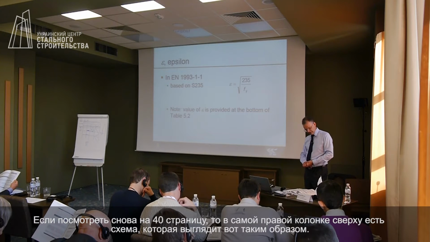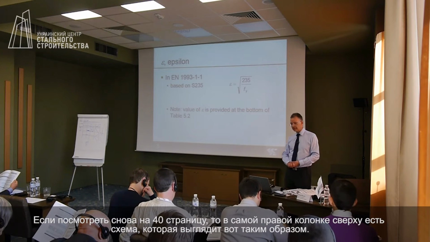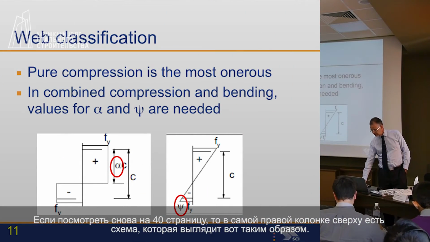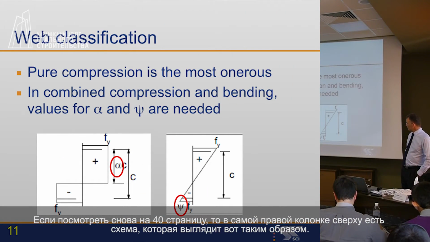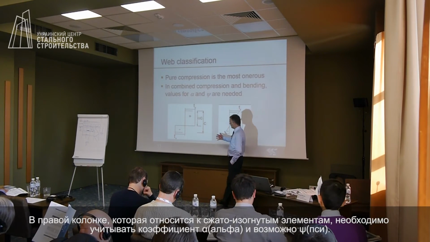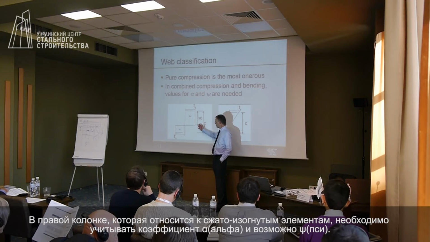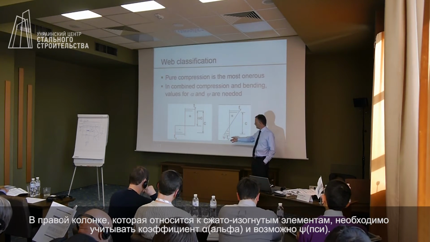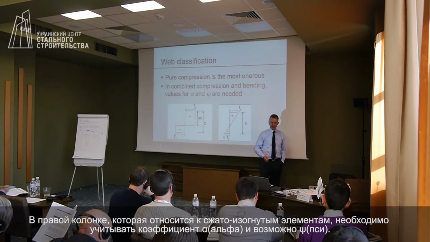If you look back at page 40, on the right-hand column, you will see the diagrams that look like this. So in the right-hand column, a part subject to bending and compression, we would need to consider alpha, perhaps, and we would need to consider psi.